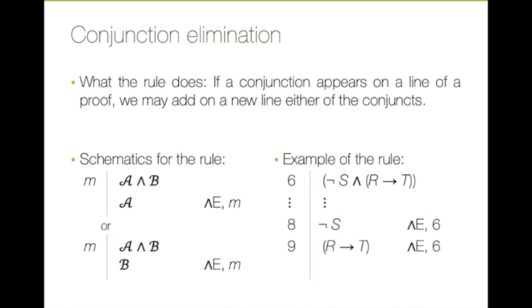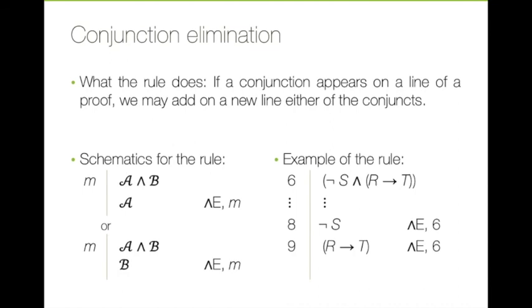We can also use the same rule to add the other conjunct if R then T on another line, here line 9. In both cases, the introduction of the conjuncts as new lines is justified by the conjunction elimination rule and the line 6 where the conjunction initially appeared.